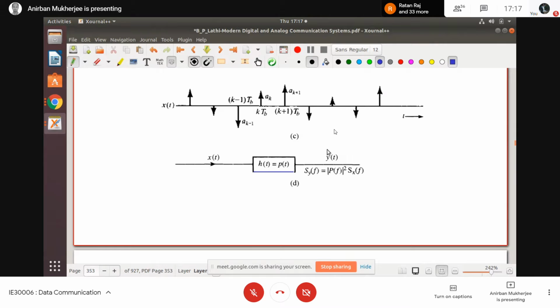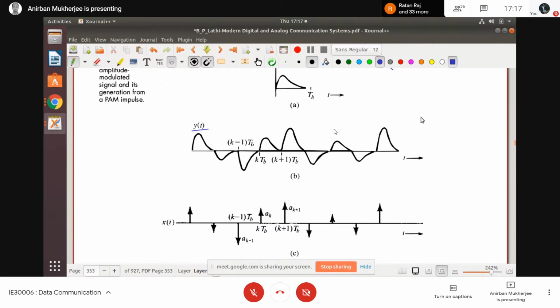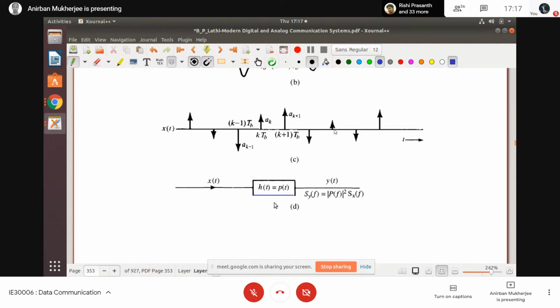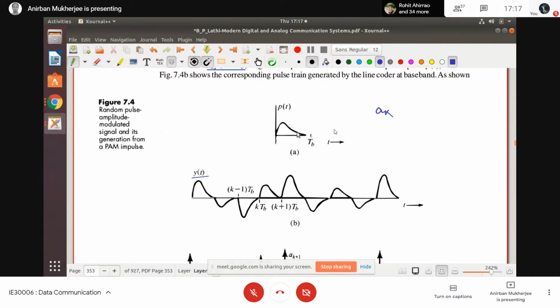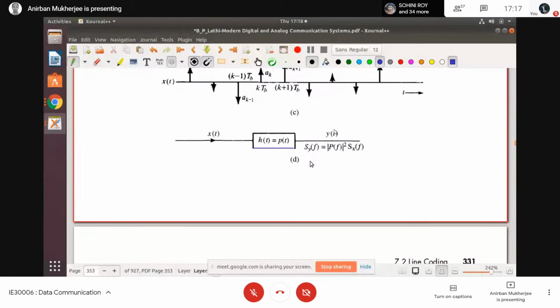I am assuming I have some x(t) and I have some filter whose impulse response is p(t). That is my impulse response, and I have got the filter output as y(t). This is my own idea. It is actually not there.